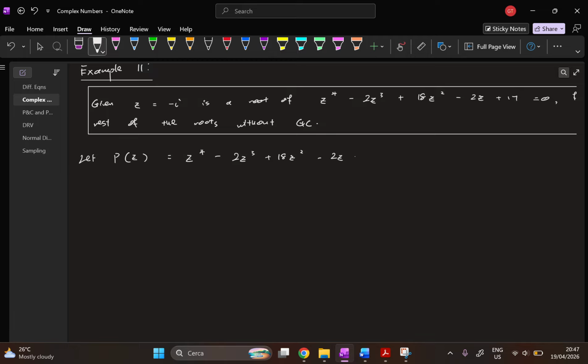And as you can tell, they almost always give you quartics or higher, quite a high degree of polynomial. Frankly, it's really just to make your life harder.